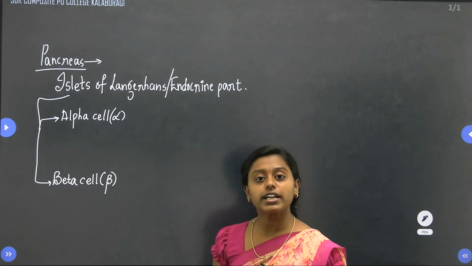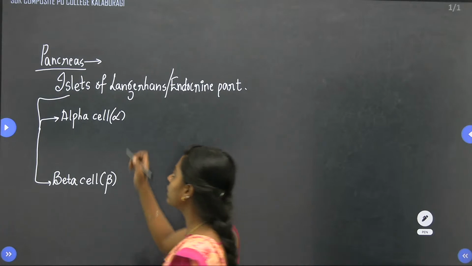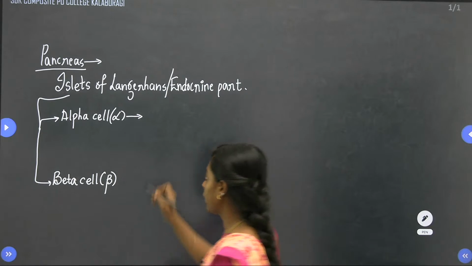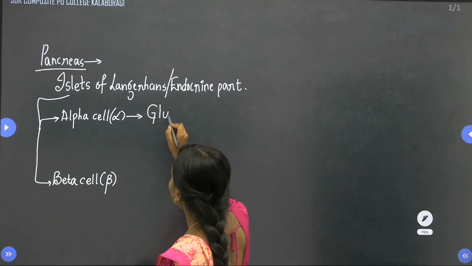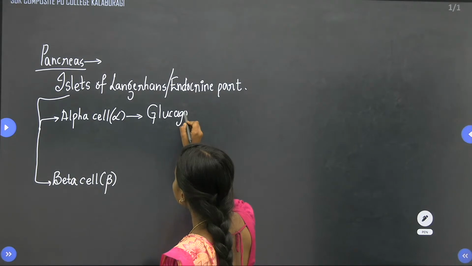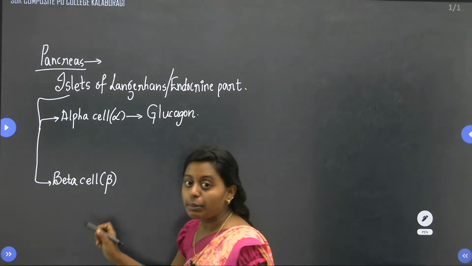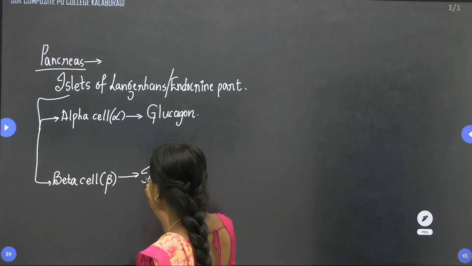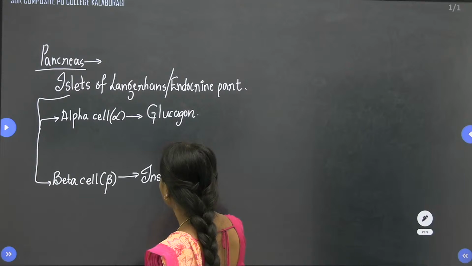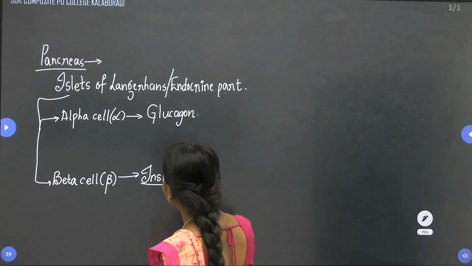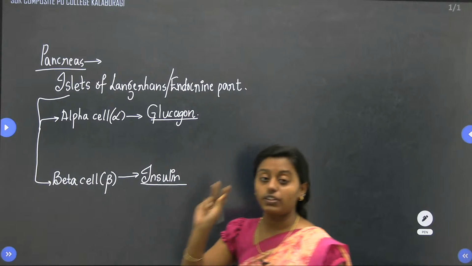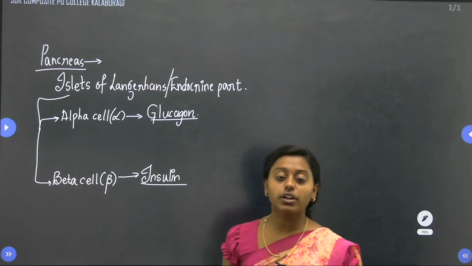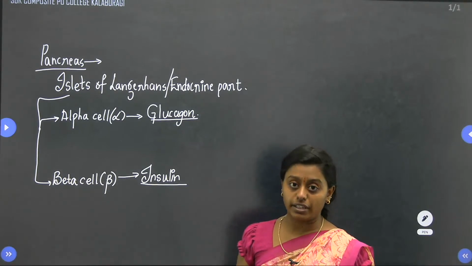Looking into the hormones secreted by these cells, the alpha cell secretes a hormone termed glucagon, whereas the beta cell secretes a hormone called insulin. So insulin and glucagon are the two major hormones secreted by the pancreas.